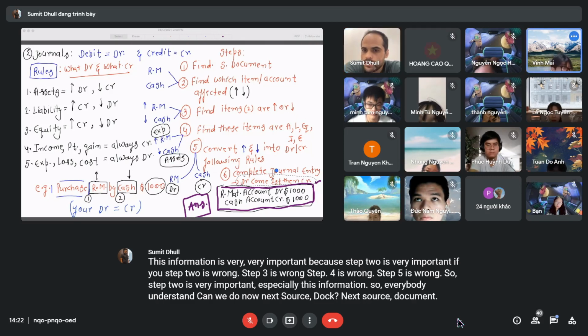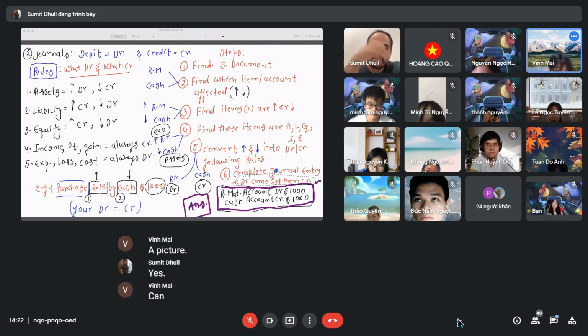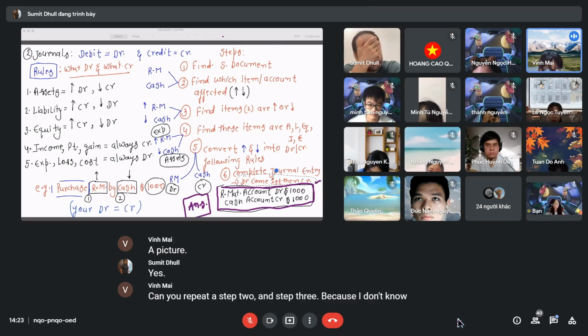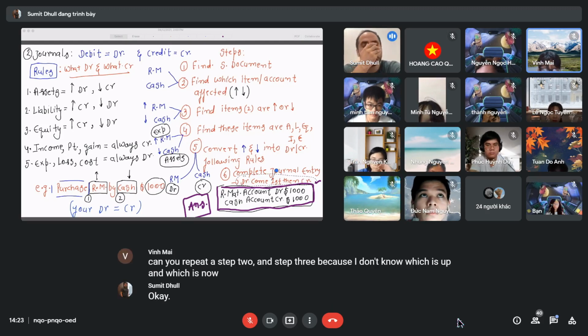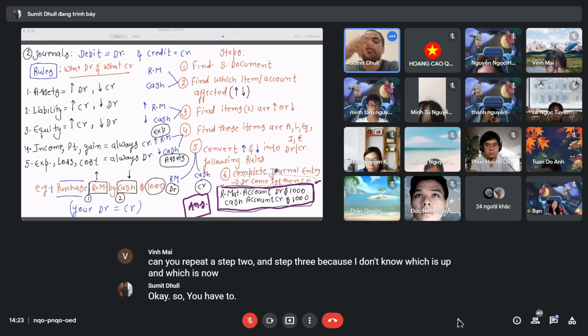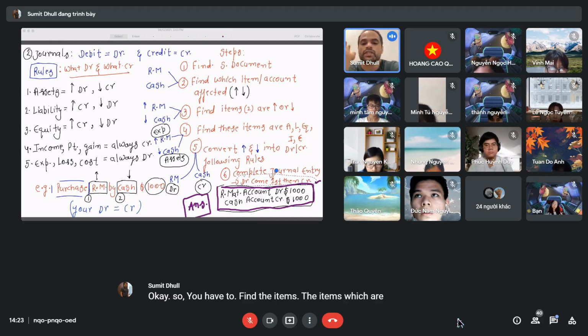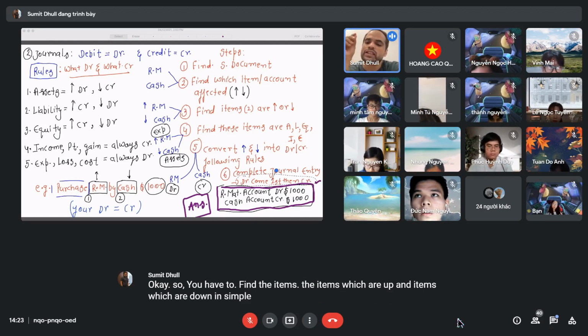Teacher, can you repeat step 2 and step 3, because I don't know which is up and which is down. Okay. So you have to find the items which are up and items which are down. In simple language, which items are affected because of this source document.